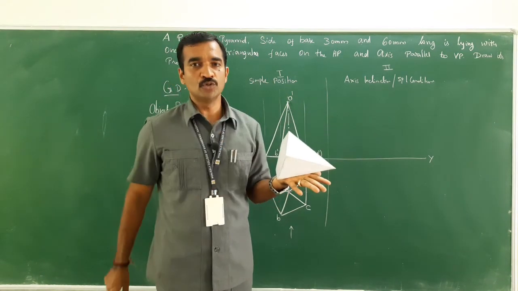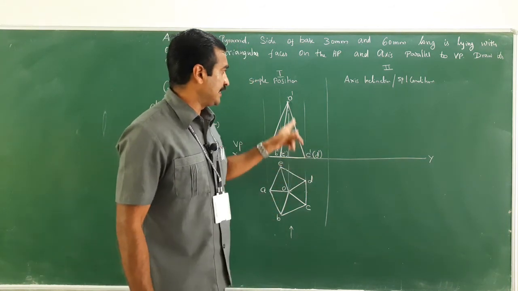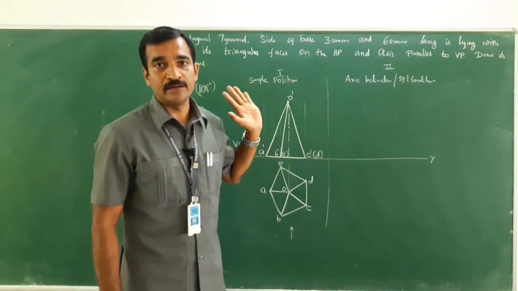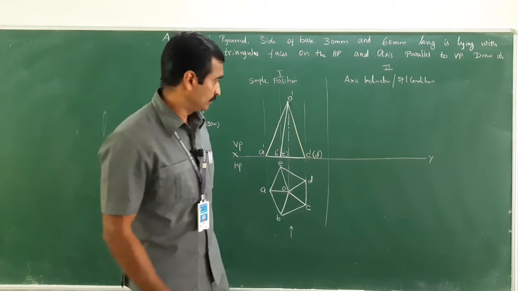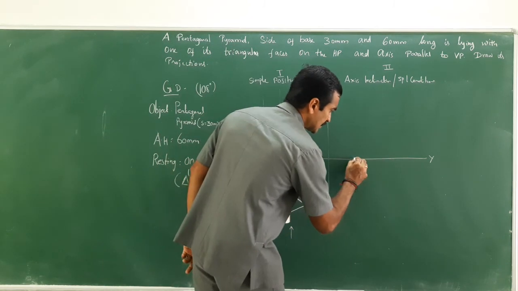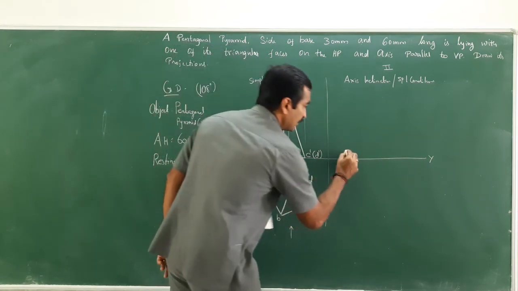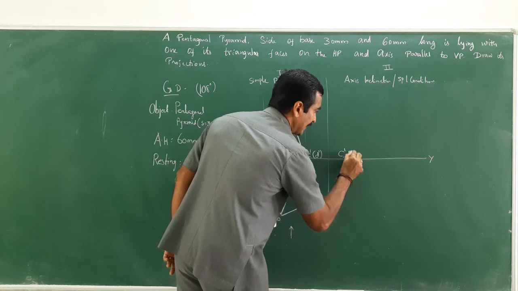This is what I am going to do. So this particular C and D should lie on the XY line. So let me just choose a point here and give the naming C1 dash and D1 dash.